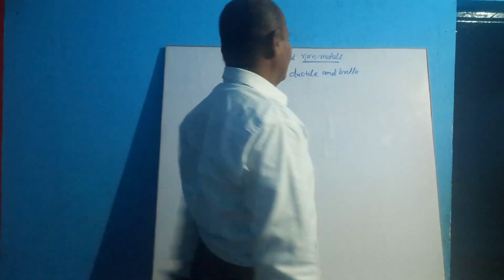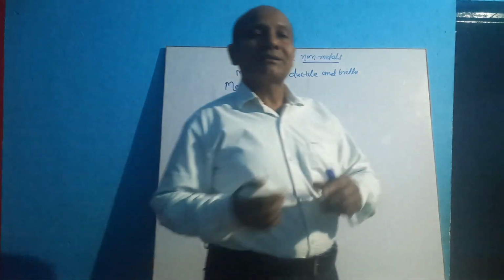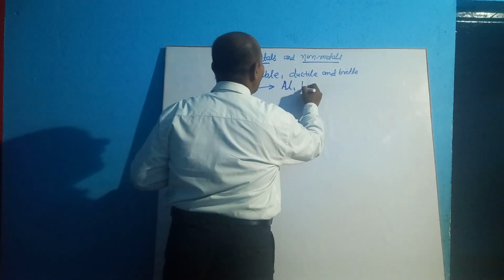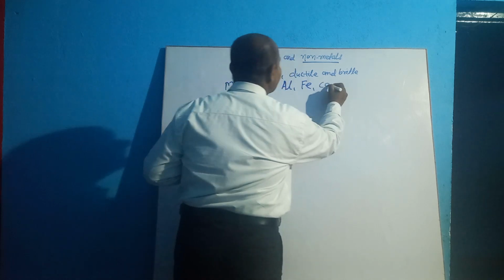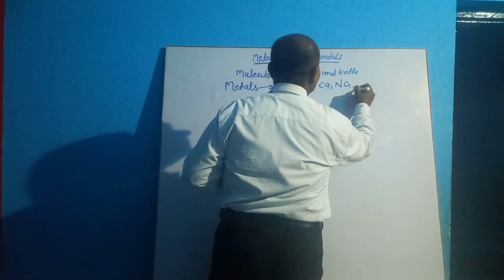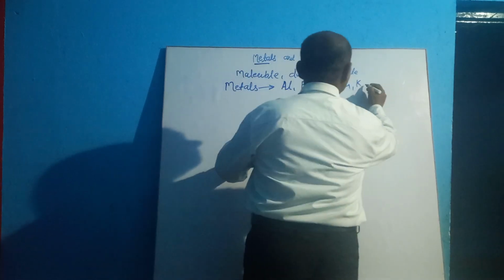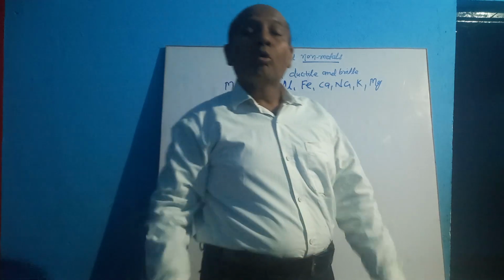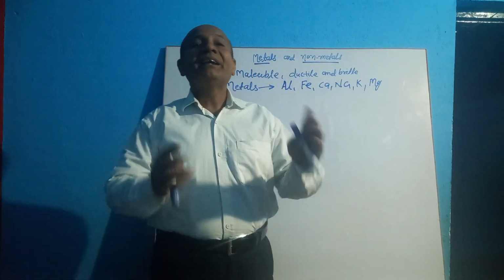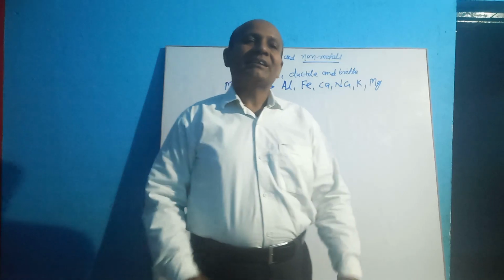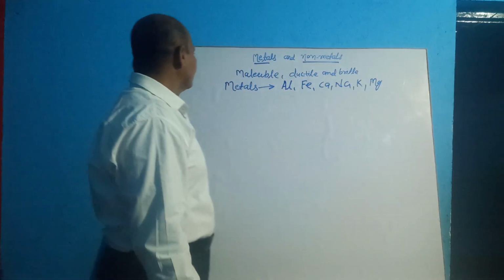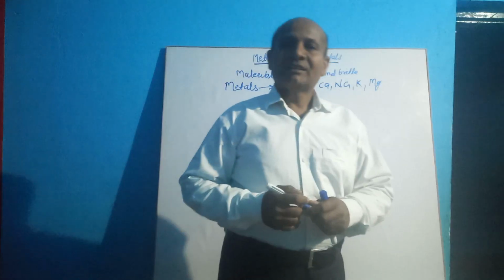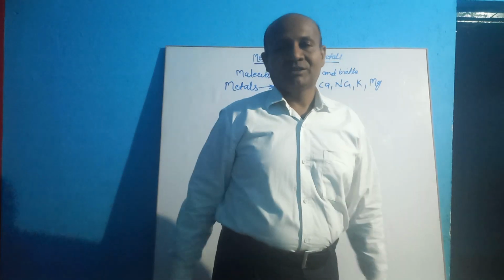known as metals. Some examples of metals are aluminum, iron, calcium, sodium, potassium, magnesium, silver, gold, lead, tin, mercury, etc. The majority of known elements are metals.